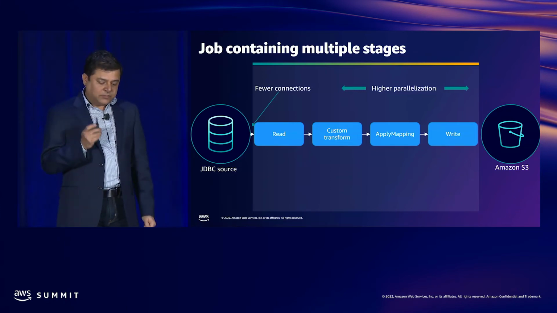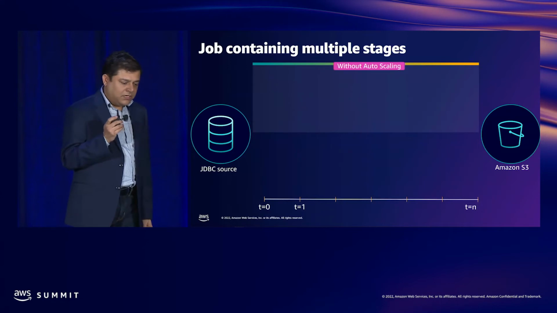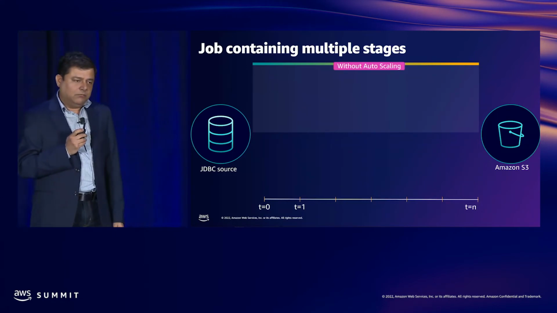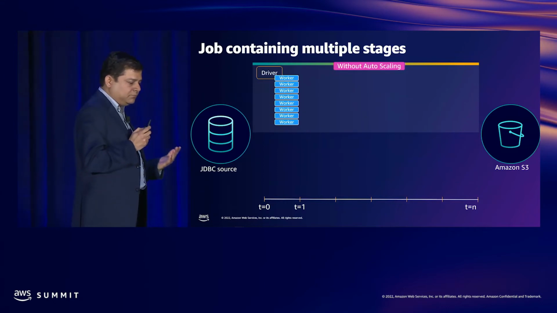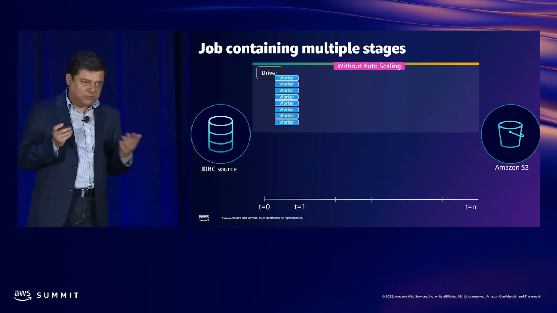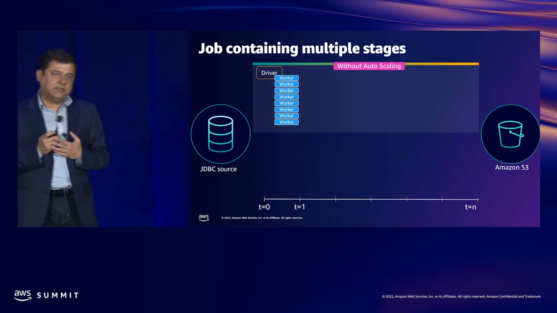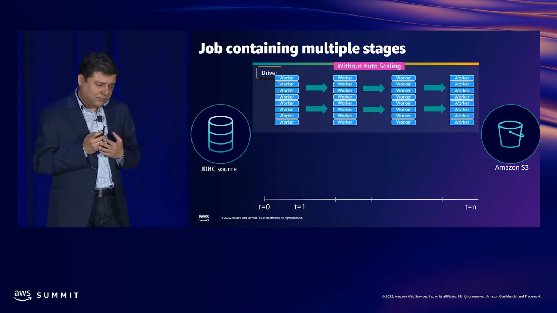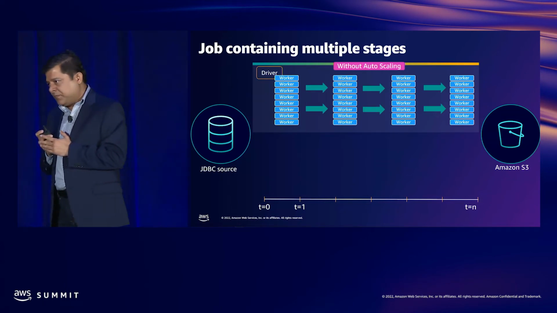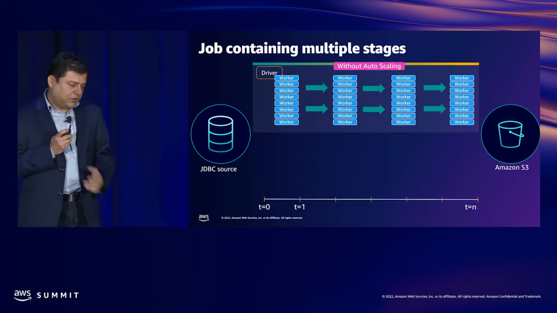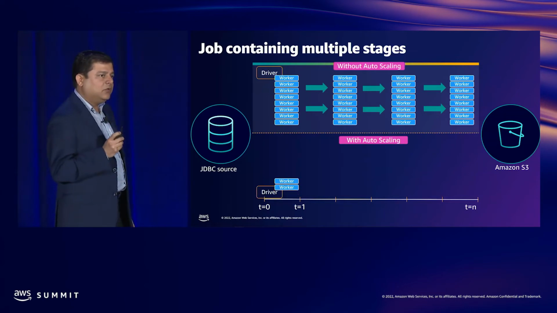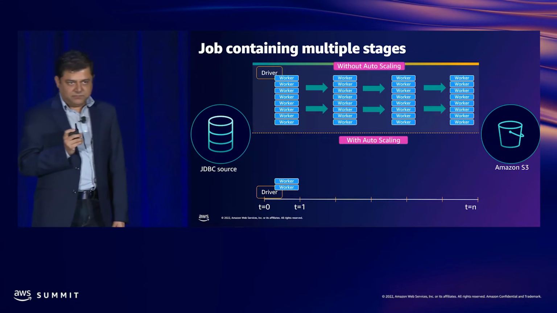Now, how does it work today? Without auto-scaling, Glue will start the driver node. It will automatically provision your data integration cluster. And those resources stay constant throughout the life of the job. Now, with auto-scaling, the driver only requests fewer workers.